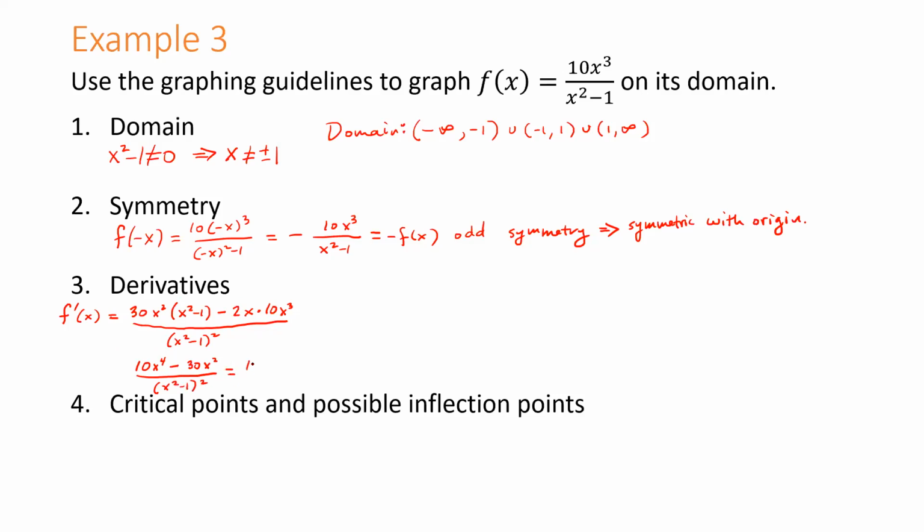So then I can factor out a 10x squared, and then I'm left with x squared minus 3. Okay, so there's a simplified form of our first derivative. Let's do the second derivative.